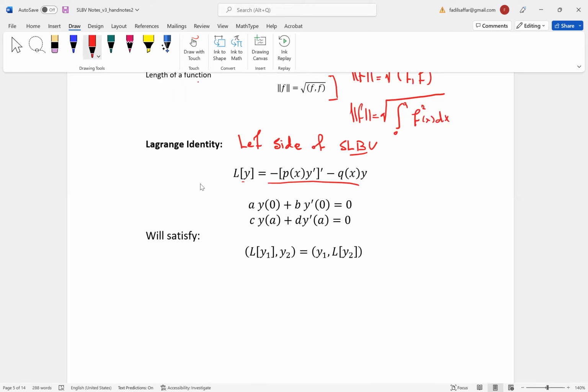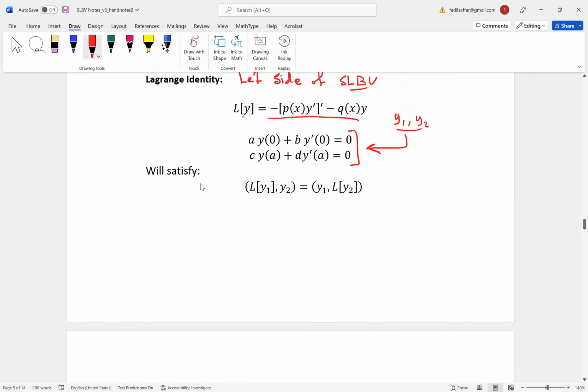We need to find any two functions, y1 and y2, that satisfy the boundary conditions that the SLBV problem satisfies. Then the Lagrange identity says that the inner product of the linear operator of y1 with the function y2 is equal to the inner product of y1 with the linear operator of y2.